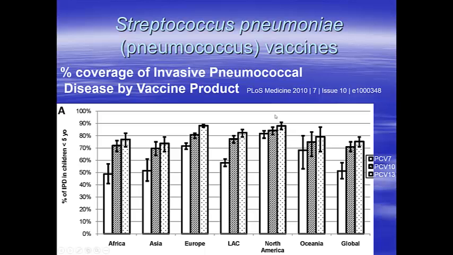However, where the vaccine is designed, based on the data from North America, that's where it's most effective. If you look at somewhere else like Africa, you can see that the 7 most common serotypes contained in the 7-valent vaccine actually only cover about half of all the invasive pneumococcal serotypes found in Africa. If you go up to the 10-valent and the 13-valent, you're getting better coverage.